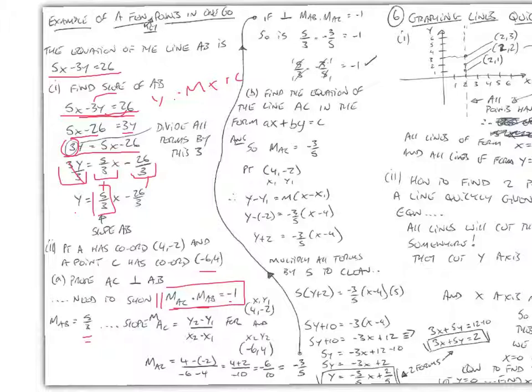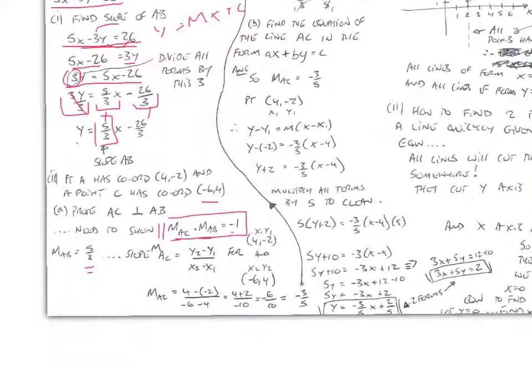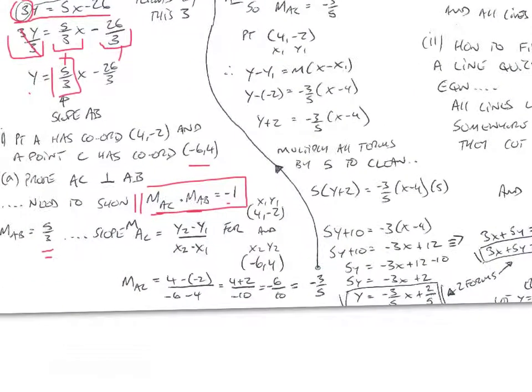The slope of AC we can find using the slope formula, and we find that the slope of AC is equal to minus 3 over 5, simply by plugging in the coordinate values x1, y1 and x2, y2 for AC into the formula, which gives us minus 3 over 5.